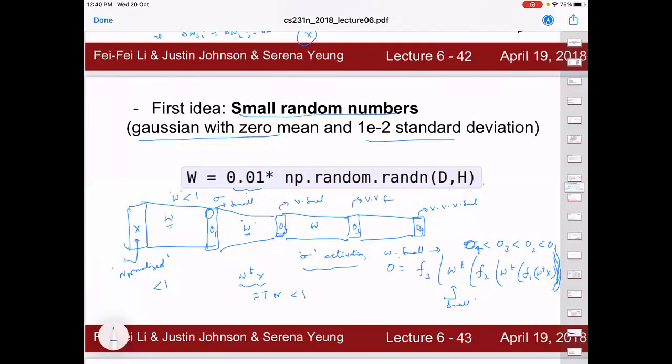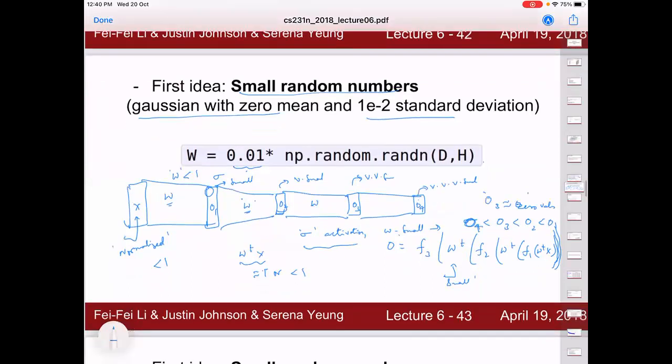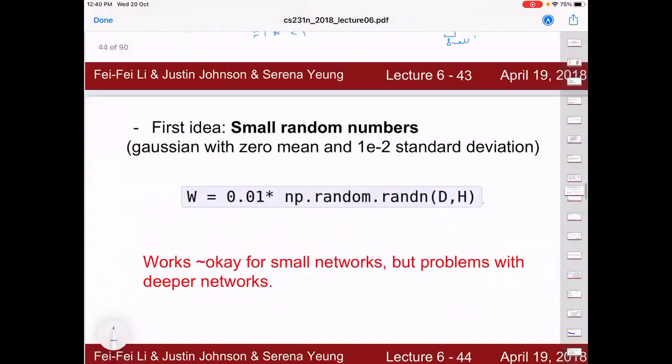Okay, and then O4 and O3, from O3 onwards, may even tend to 0 itself. And then they die down. Essentially what we are trying to say is the outputs die down over a set of layers.